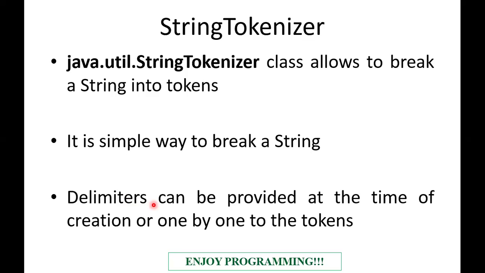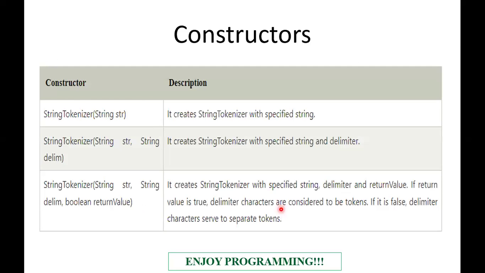Similarly, if we have a dot, the tokens will be separated. These delimiters we can provide at the time of creation, or whenever in the program we want to provide the delimiter at runtime, that is also possible.